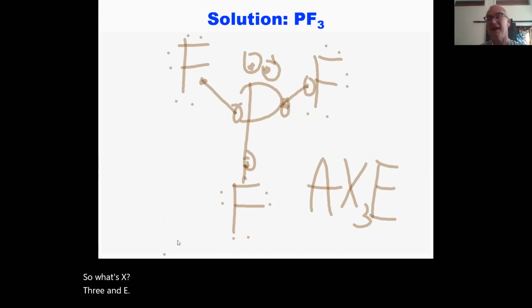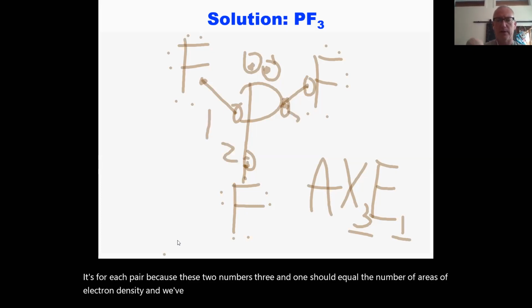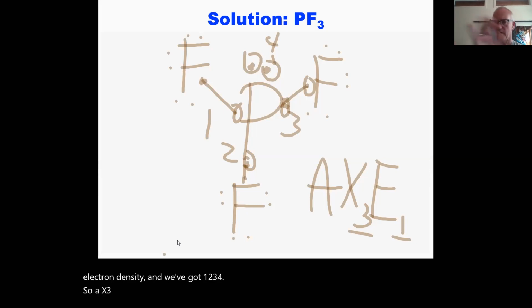Or is it 1? It's 1. It's for each pair. Because these two numbers, 3 and 1, should equal the number of areas of electron density. We've got 1, 2, 3, 4. So AX3E1. And so we would look that up and we would see what shape that is.